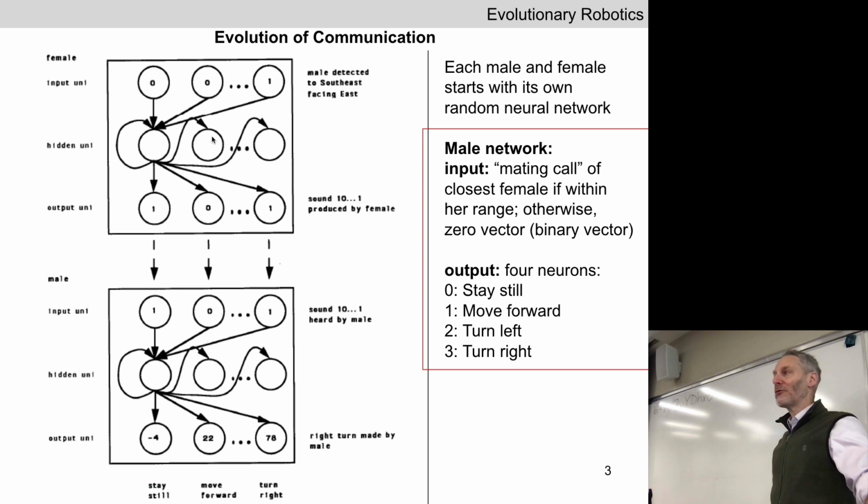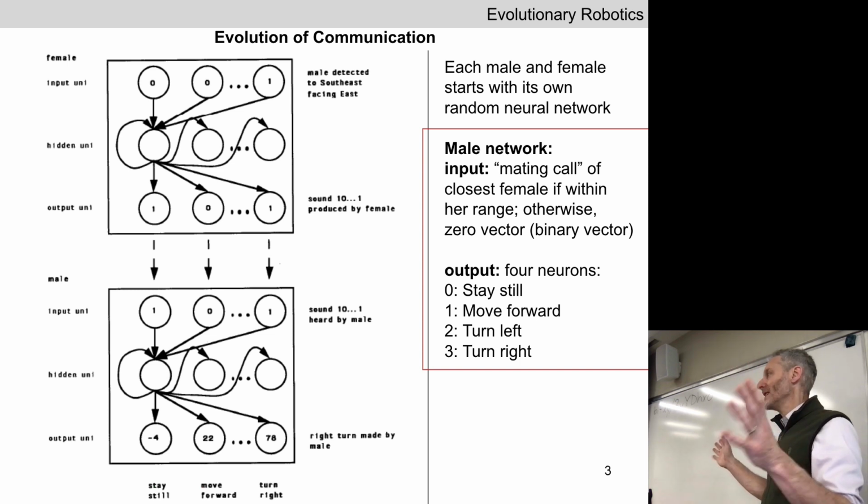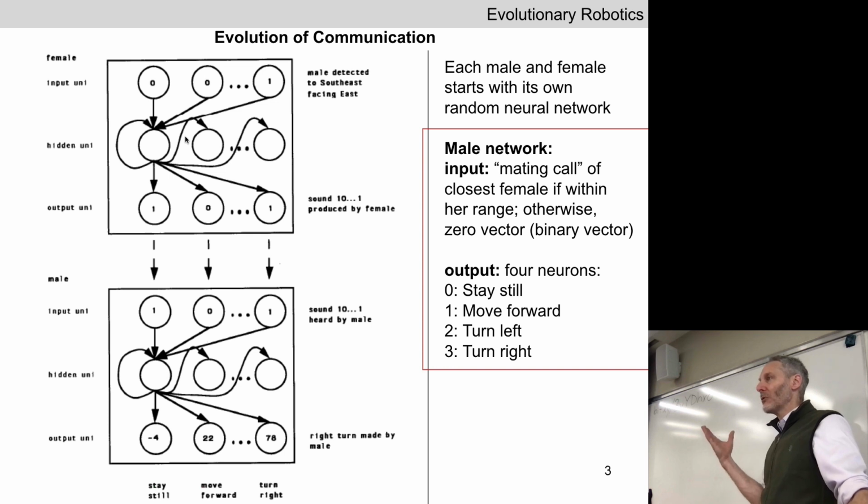A random female neural network, when supplied with information about nearby males, will emit a random binary vector. Strictly speaking, that binary vector has no meaning yet. It's randomly generated by a random neural network, a neural network with random synaptic weights.